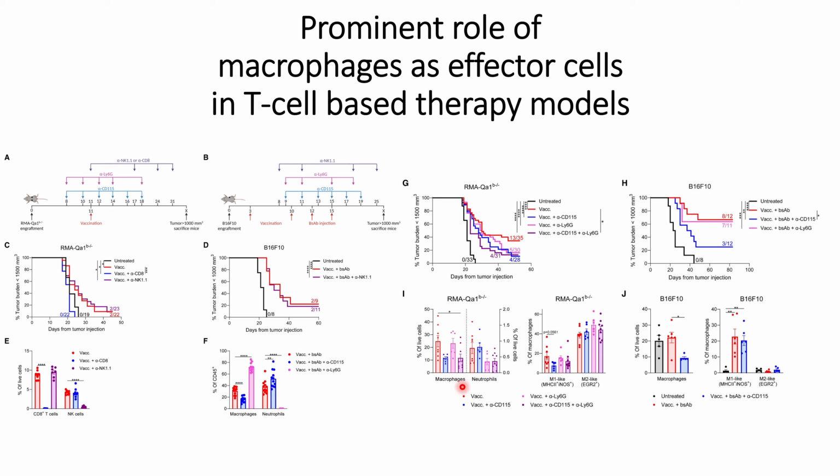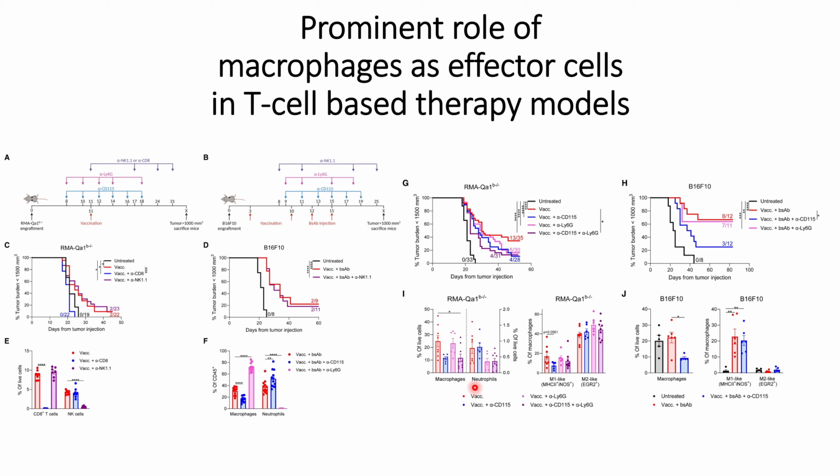And when they check the impact of one antibody's depletion on the other cells, what they have found out is that when they deplete with anti-CD115, they see that the macrophages are decreased, but they do not see much decrease in the neutrophils.